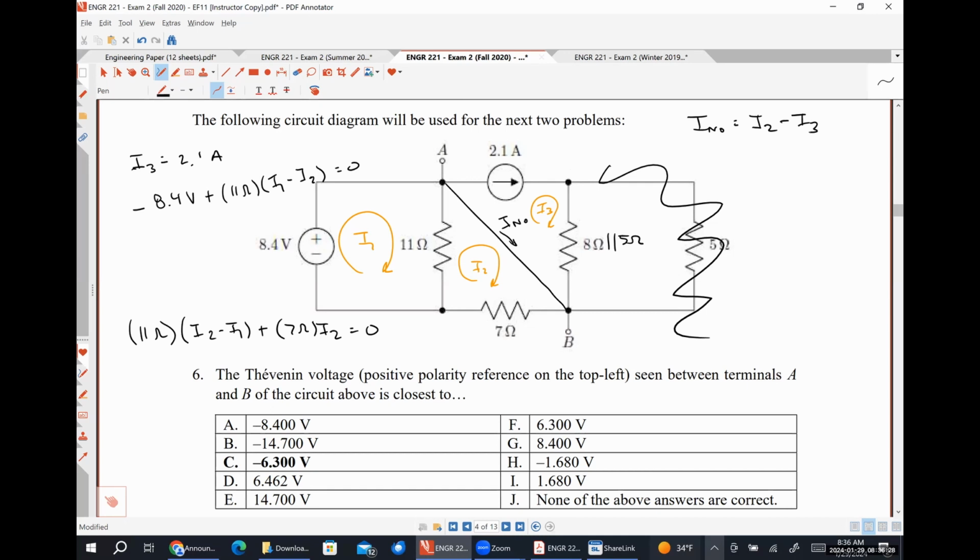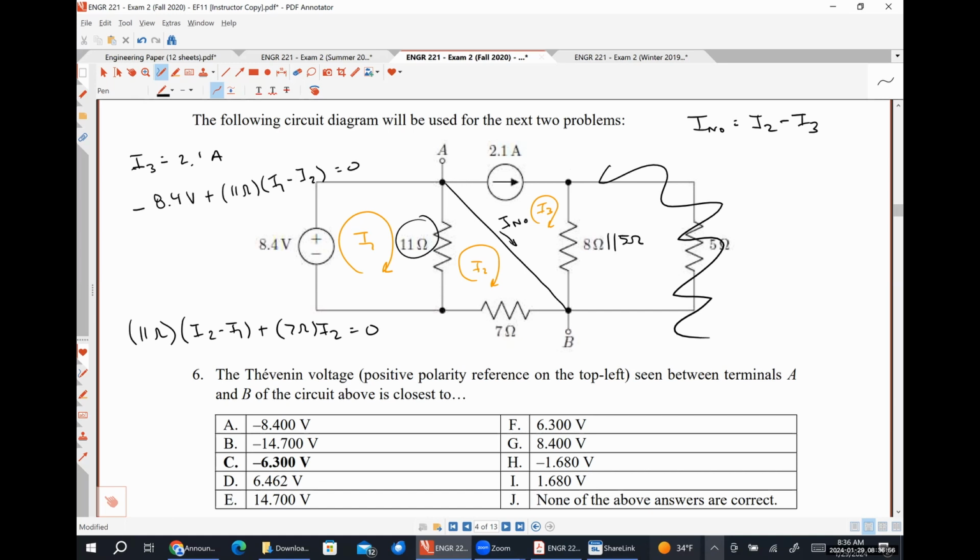The short answer is I'm not really sure, because my concern is if I put the 11 in parallel with the 7 up here, it looks like I1 is flowing through the 7 ohm resistor, and I know that it isn't. So I'm concerned about that. That's my biggest concern there.